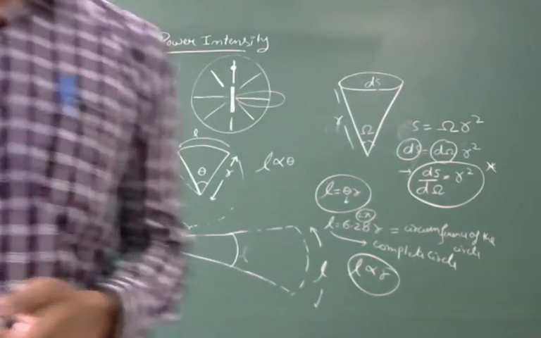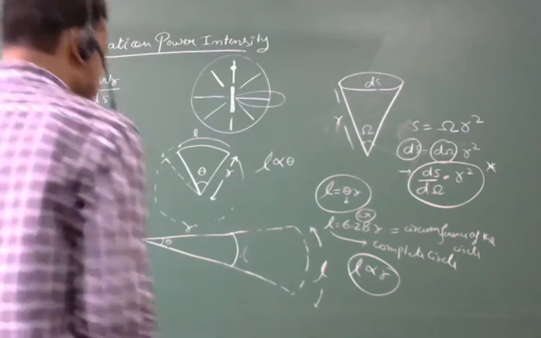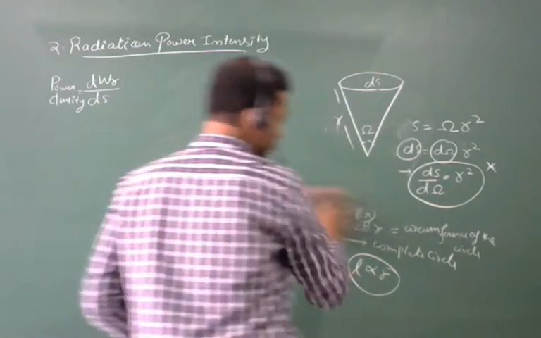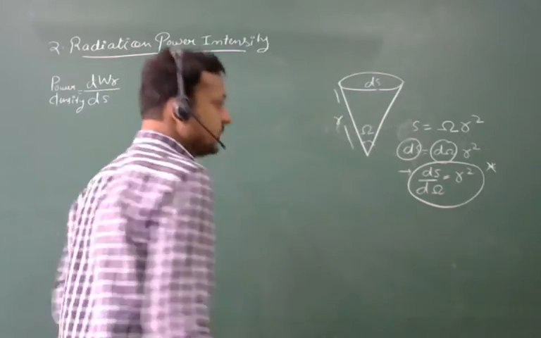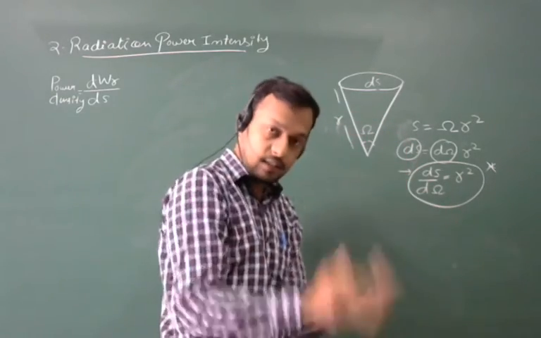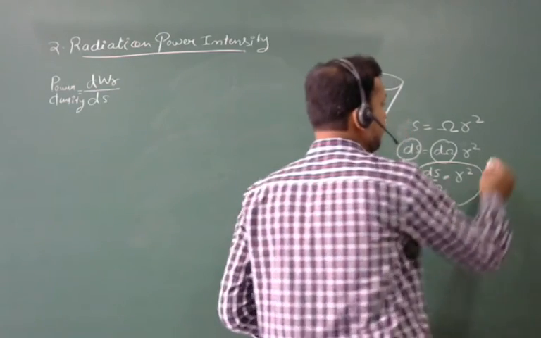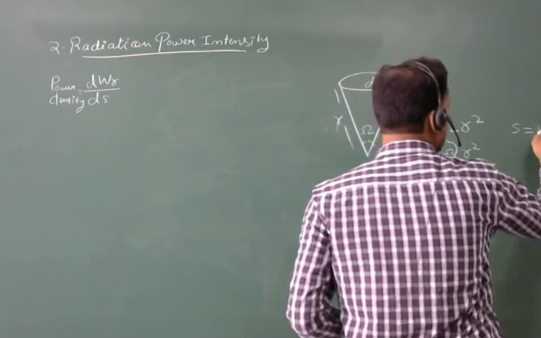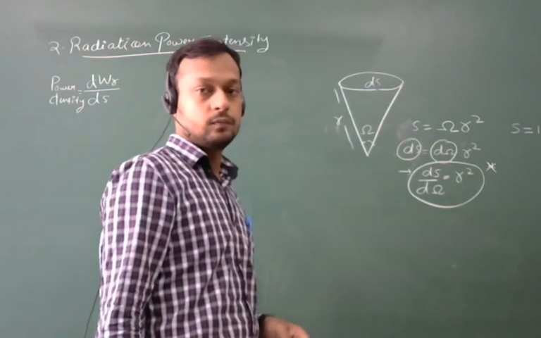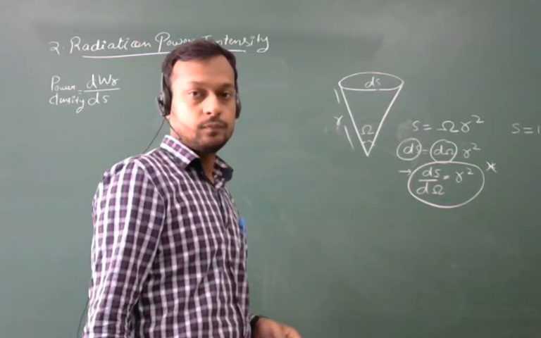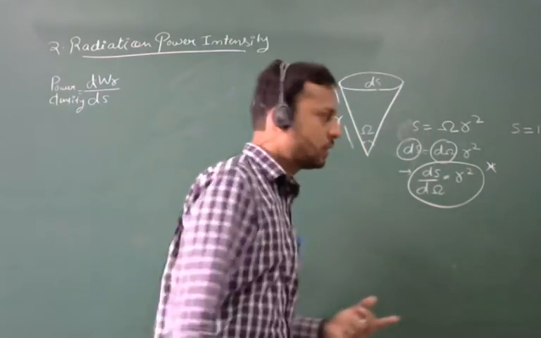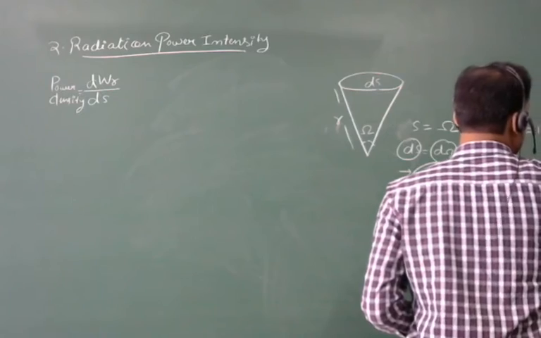One thing more. To cover the entire surface area, that is the entire radiation pattern, instead of 2 pi, you have to multiply to get S equal to 12.56 R square, or we can say 4 pi R square.